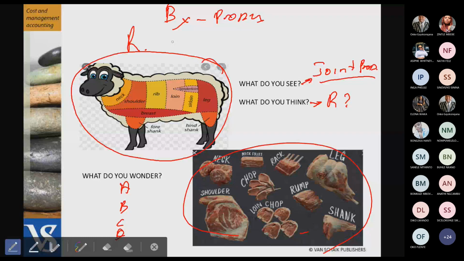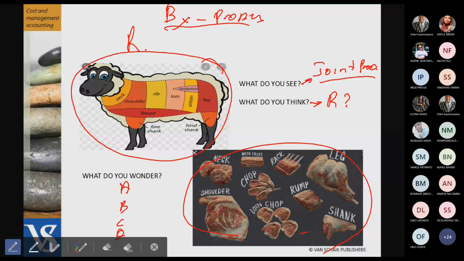These are the things that we didn't even think of by the time we were purchasing this livestock. What was in our mind is that we need the sheep so that we can slaughter it. We have these different types of meat, your neck, your shoulder, chops, and everything else. But once we slaughter it, we find out, okay, there's an offal here. What are we going to do about this offal? What about the skin?